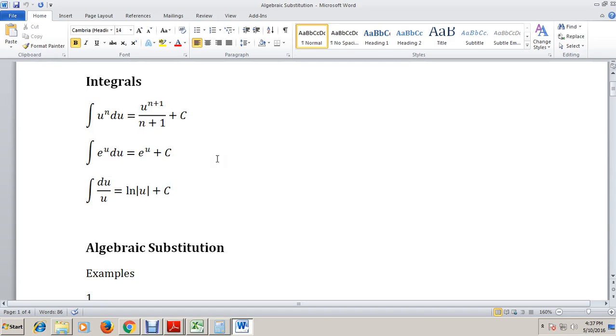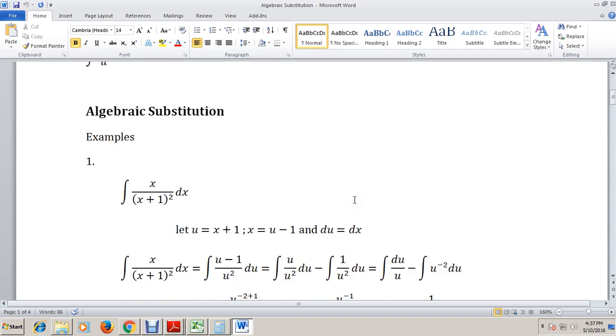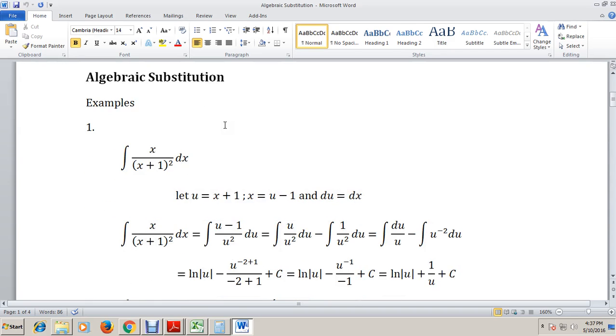For algebraic substitution, this is actually a common technique that was presented early on in our solutions to integrals or antiderivatives, but we haven't fully emphasized several cases of applications of this technique.